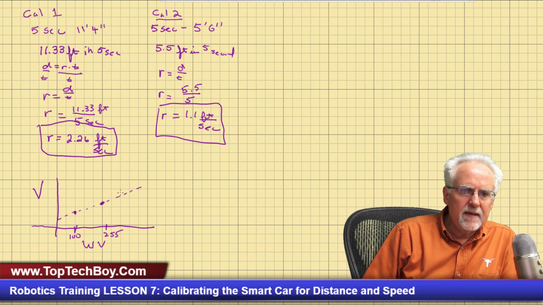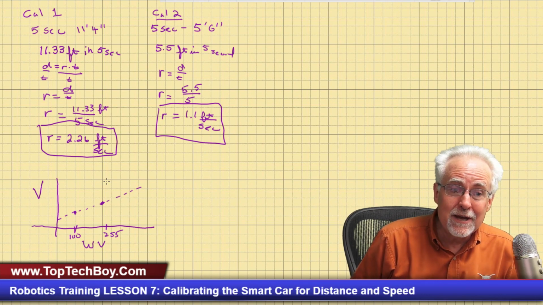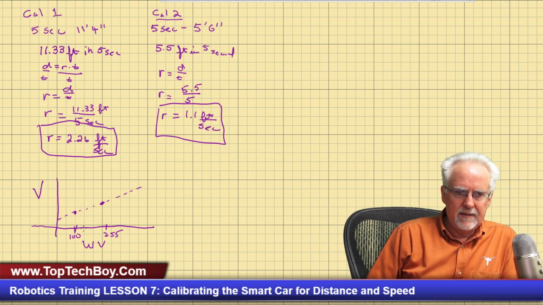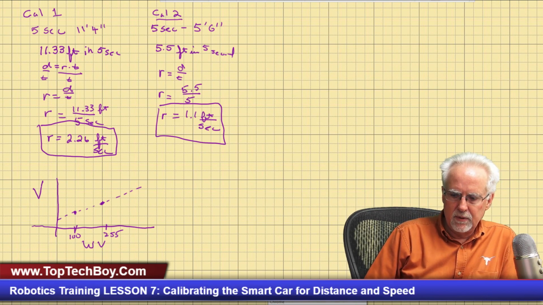If I can calculate the equation of this line, which I think I can, then for any right value that we put in, we should be able to calculate the car velocity.